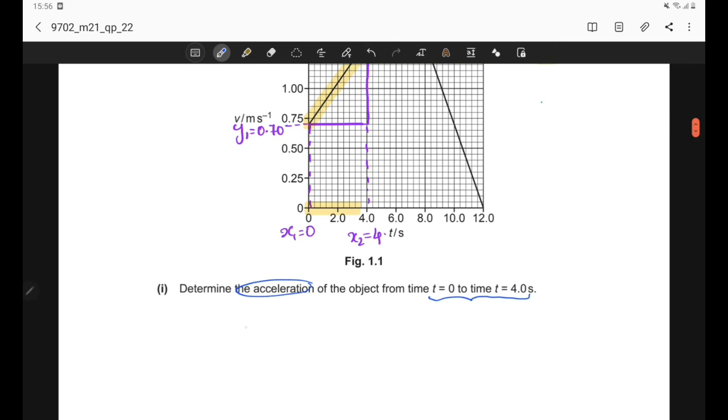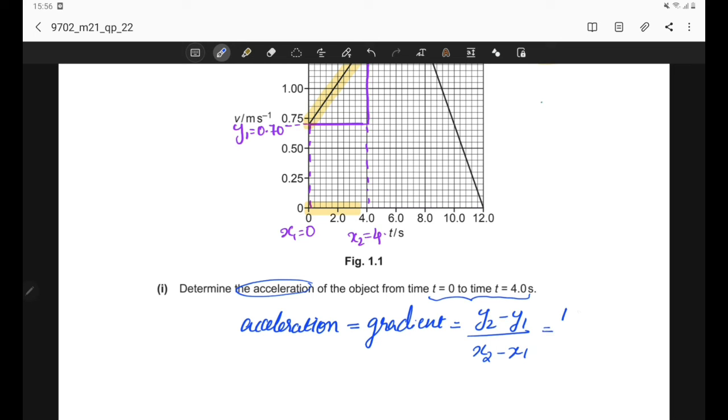First, we need to write down acceleration is equal to the gradient of the graph, where we can calculate gradient using the equation y2 minus y1 over x2 minus x1. We have the values, so we can substitute: y2 is 1.4 minus 0.70, that is the y1 value, over x2 4 minus x1 0.